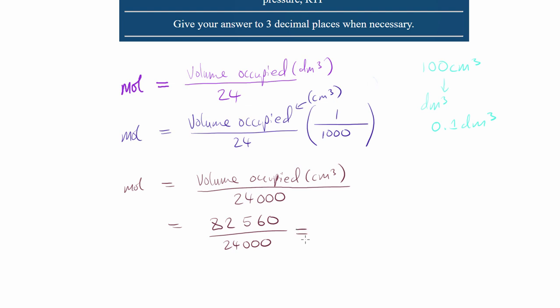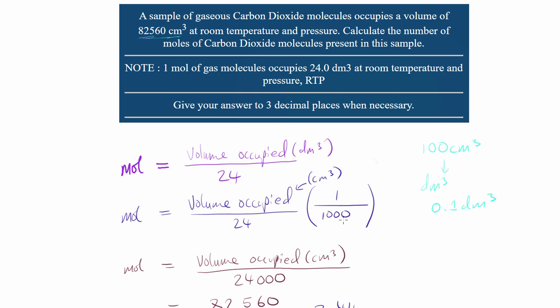And that would give us what? So if you have a go at that on your calculator to figure out what that would be, you should find that you get 3.44, right? Now the question specifies that we should give our answer to 3 decimal places when necessary, okay?